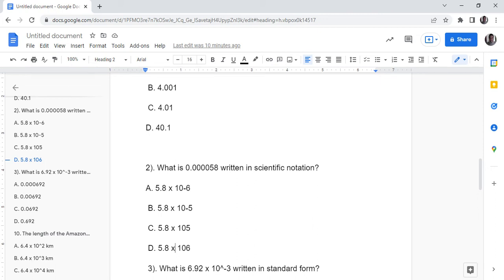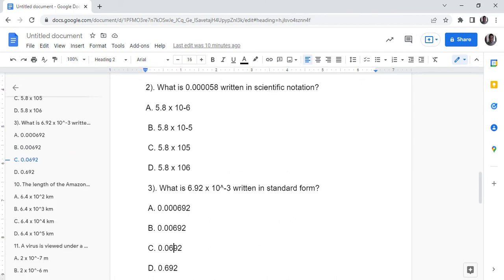So in this event where we have 0.00058, our answer would be 5.8, and we count the remaining zeros, 1, 2, 3, 4, 5, and our answer is B, which is 5.8 times 10 to the negative 5. I'm so sorry for the background.